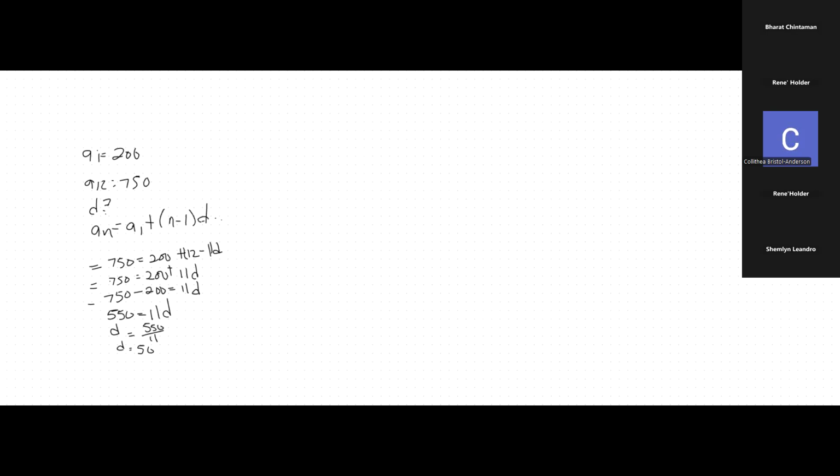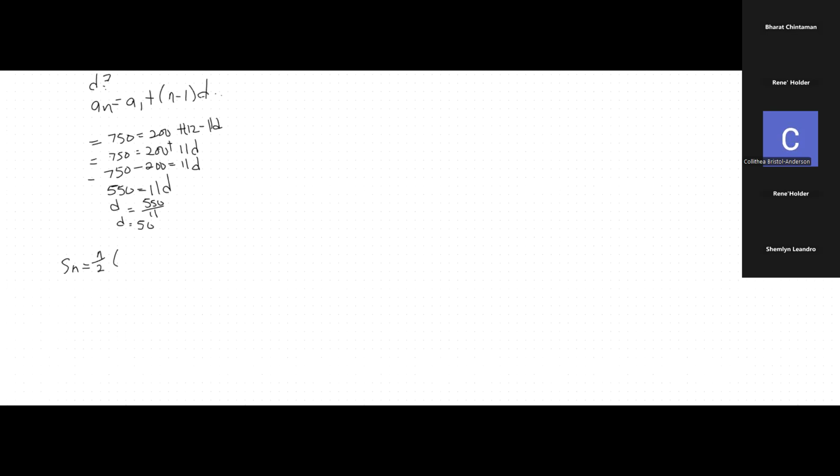That's part A. The B part, we're now expected to find the total amount saved in the 12 months. So we're going to use our formula, Sn equals n over 2, open bracket, A1 plus An, close bracket or parenthesis, right?